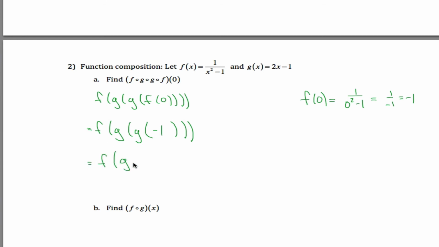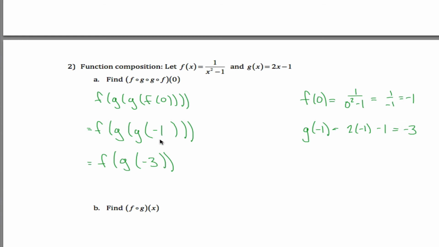Now I want f of g of something. What is that something? Well, that something's g of -1. What's g of -1? Let's work it out to the side here. I know that g of x is 2x minus 1. So g of -1 would be 2 times -1 minus 1. -2 minus 1 more sounds like -3 to me.